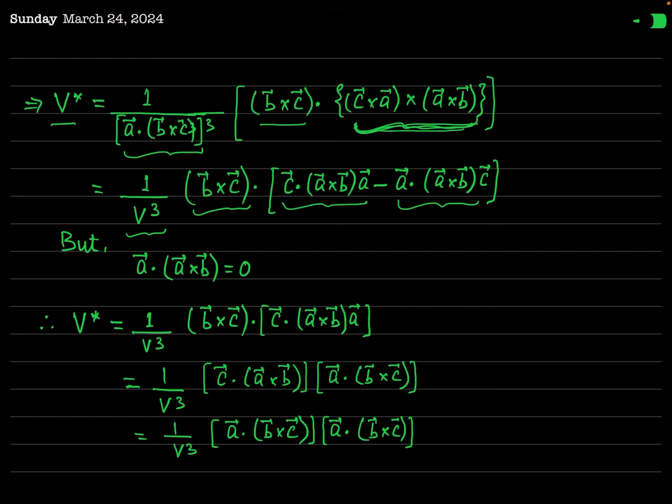Okay. But as you know, A dot A cross B, the second term, will be equal to 0. Why is this 0?